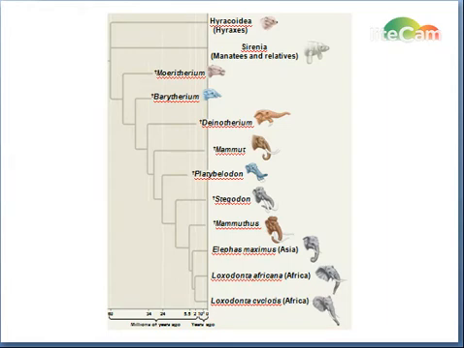This is another depiction of that branching. This is not specifically a tree, but what it shows here is the relatedness and the descent from a common ancestor. This is called a phylogenetic tree, and the plus signs, just so you know, are symbols for extinction.